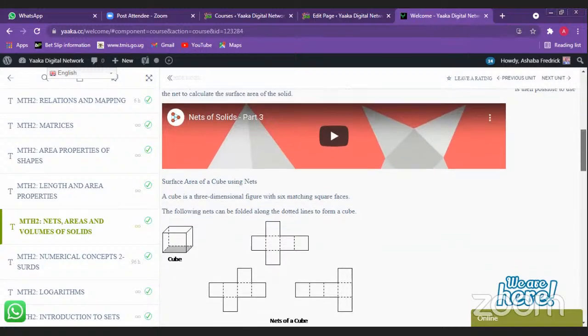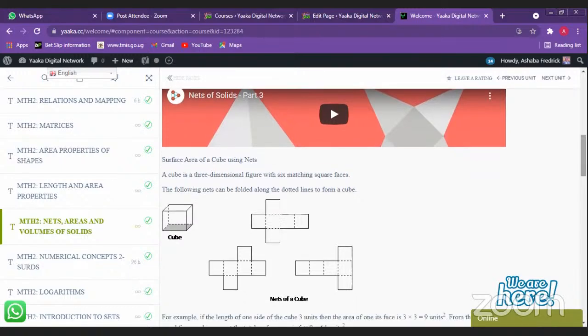So now let us look at the surface area of a cube using nets. Okay.